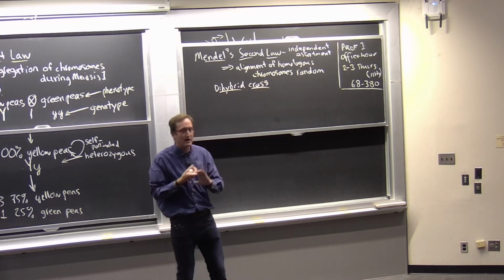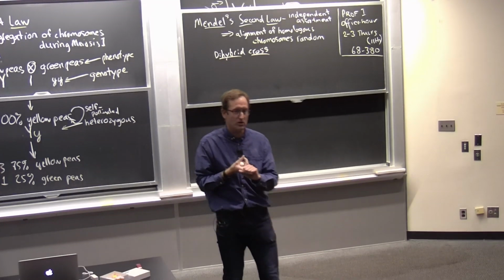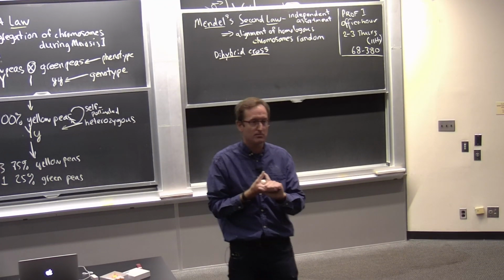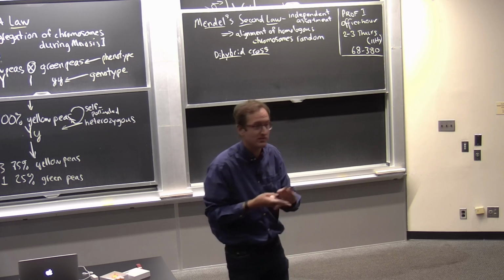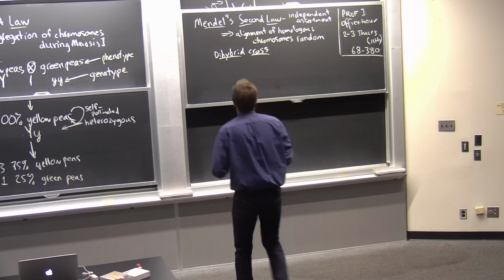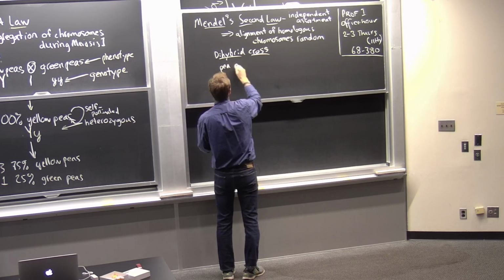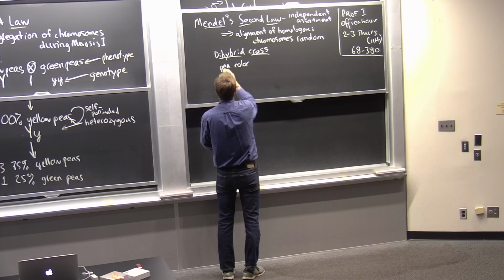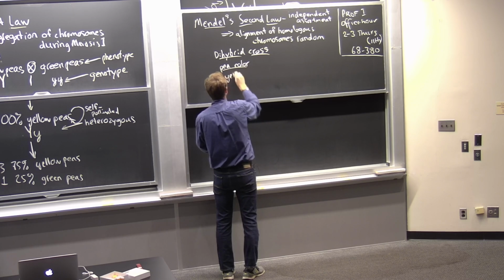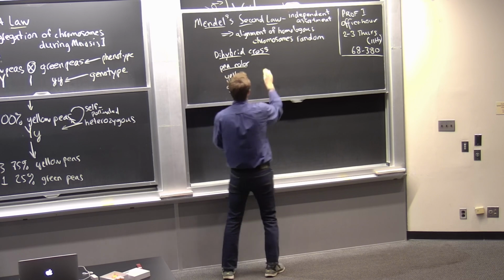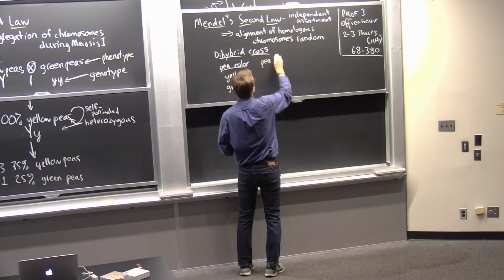A dihybrid cross is a cross where you're taking plants that differ in two traits rather than just one. Okay, so di stands for two. In this case, we're going to consider both pea color, again, the pea colors are yellow and green, but now we're also going to consider pea shape.